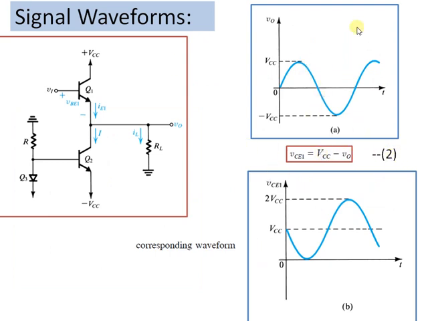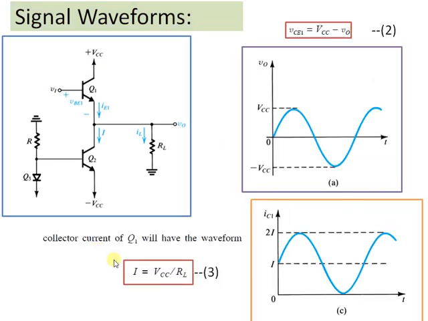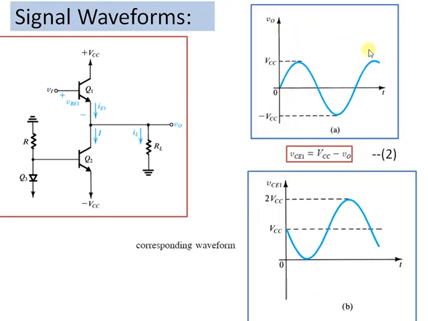You can see in this waveform the output voltage swings from minus VCC to plus VCC when the quiescent point is at 0, and VCE1 is obtained as VCC minus V out. The bias current I is selected to allow a maximum negative load current of VCC by RL, denoted as equation number 3. So we have seen waveform A wherein the quiescent point was at 0.